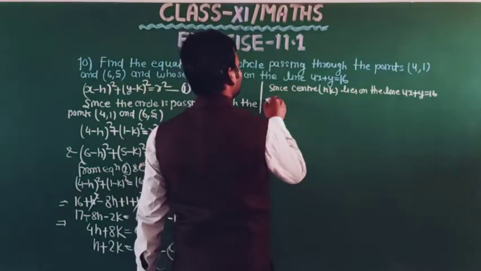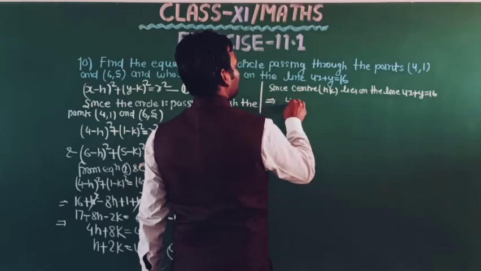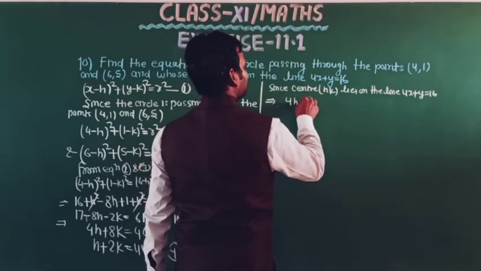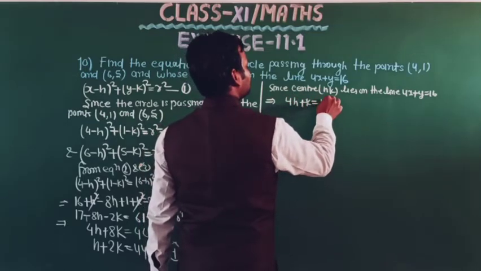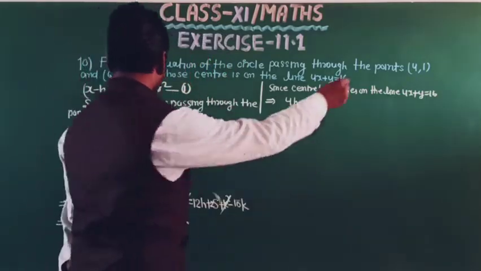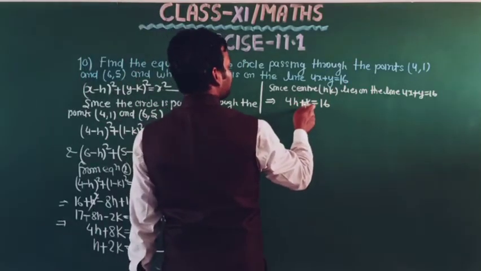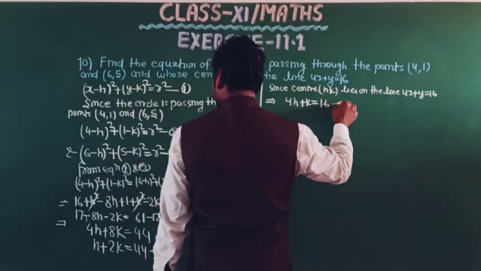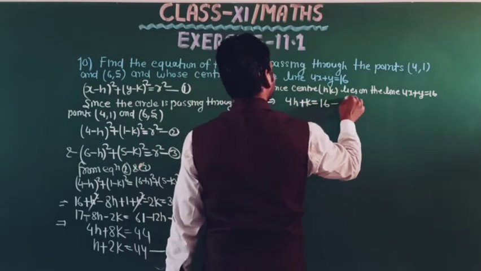So this implies 4h + k = 16. Say this is equation number 5.